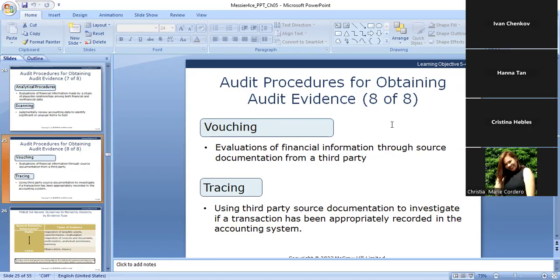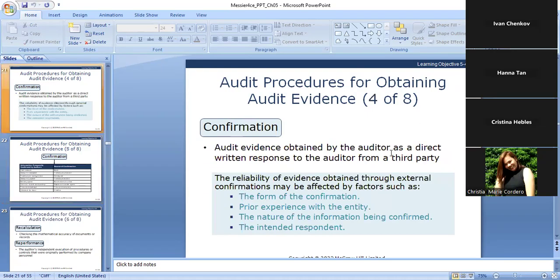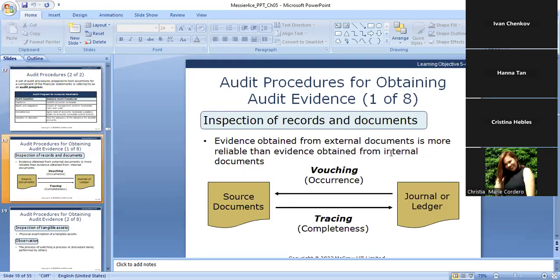Tracing. What is tracing? Using third-party source documents to investigate if the transactions have been appropriately recorded in the accounting system. Does that make sense? Now this chart here should make sense. Do you remember this?